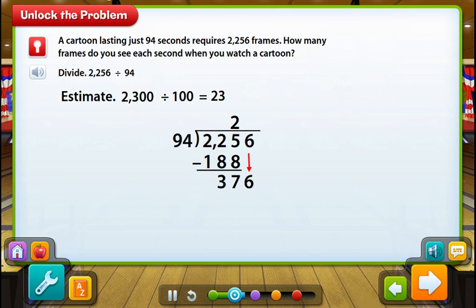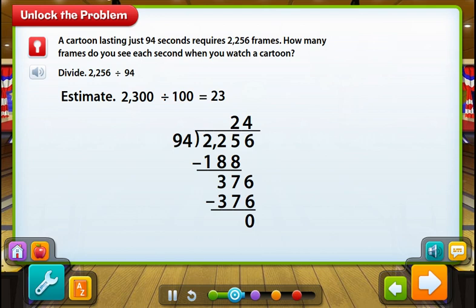Now you can divide the ones. What is the quotient of 376 ones divided by 94? Let's try 4 ones. What is the product of 4 ones and 94? The product of 4 ones and 94 is 376 ones.